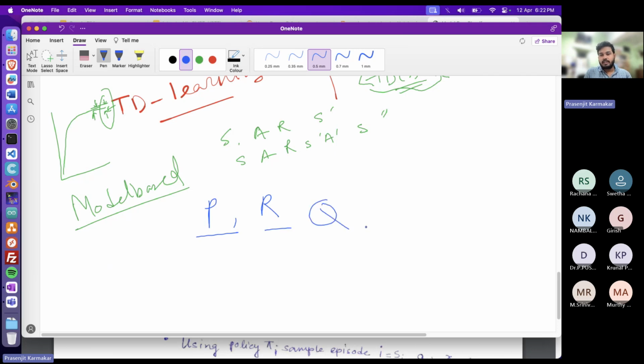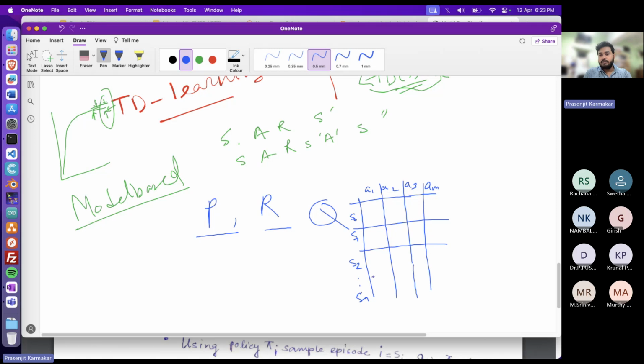The Q function looks like this: you have states in rows, S0, S1, S2, up to Sn, and actions in columns, small a1, a2, a3, up to aM. This entire matrix is filled up with values.